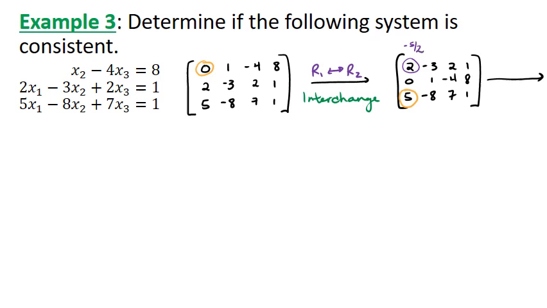Because 2 times -5/2 is -5, and then if I add that to row 3, this becomes a 0 as desired. So -5/2 times row 1 plus row 3 will produce a new row 3. So this matrix becomes rows 1 and 2 remain the same.